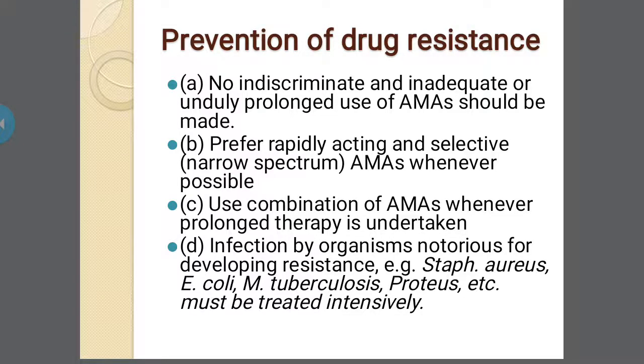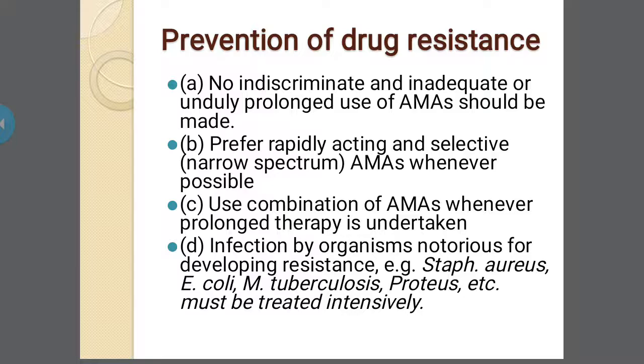Number 3, use of combination antimicrobial when prolonged therapy is undertaken like tuberculosis, leprosy. Number 4, infection by organisms notorious for developing resistance. So there are some microorganisms which are resistant to many drugs, like Staphylococcus aureus, E. coli, Mycobacterium tuberculosis, Proteus, etc. They must be treated intensively.